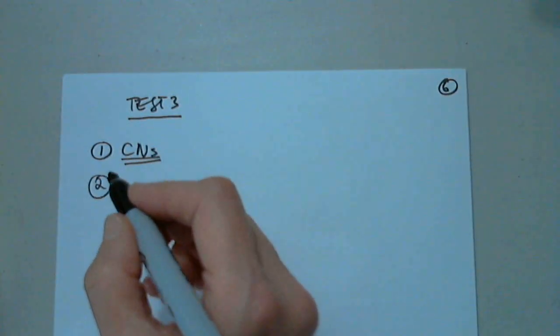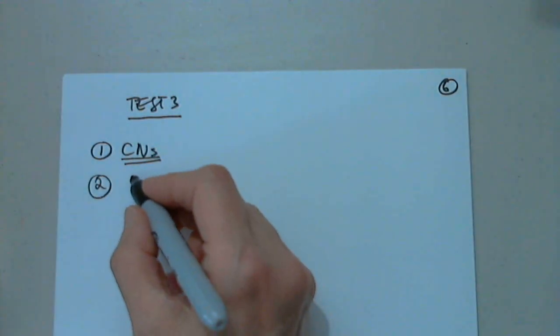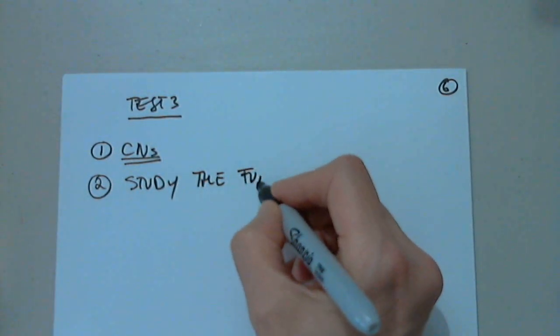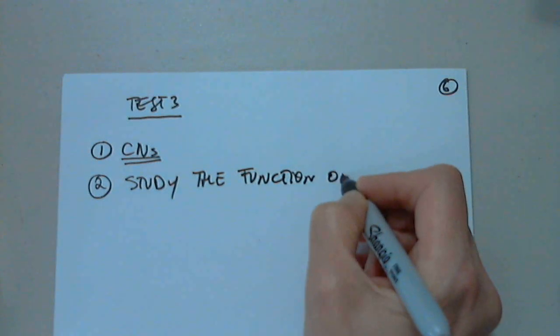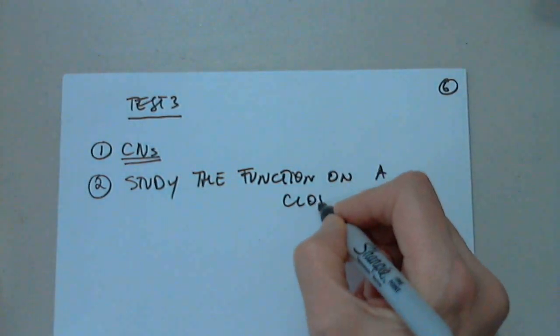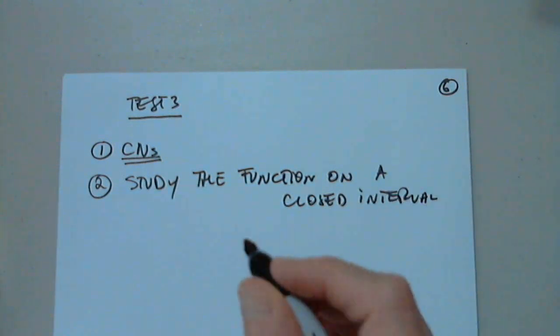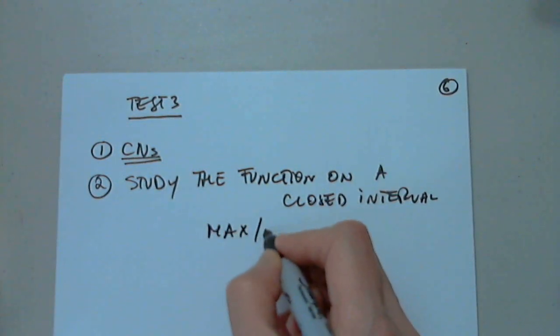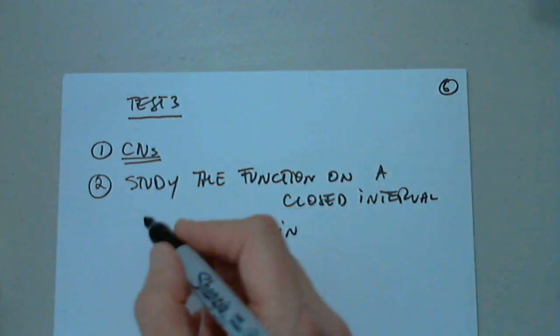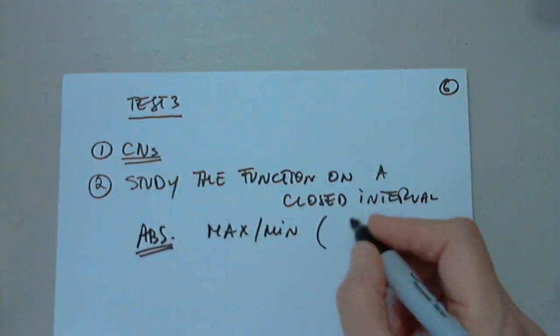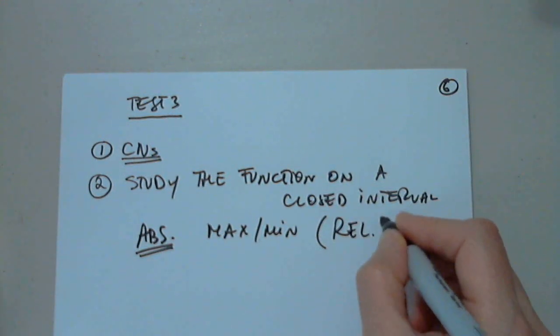Number 2, study the function on a closed interval. In other words, finding max min. This is mainly for absolute max min, but I will also ask you to identify which ones are relative max min.